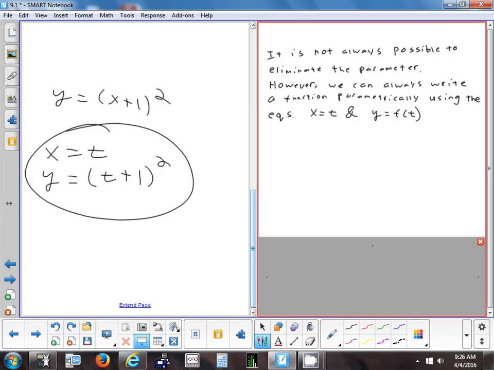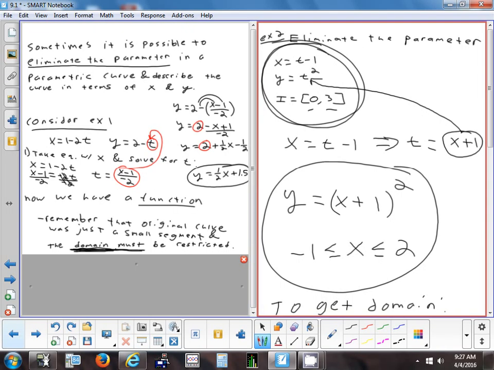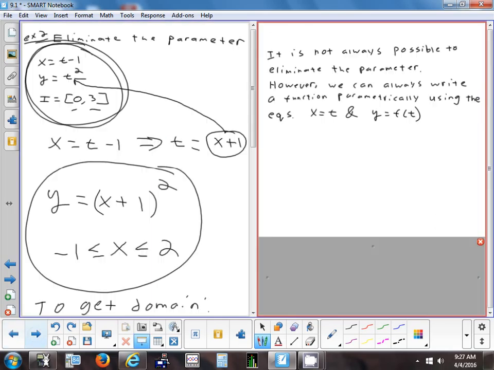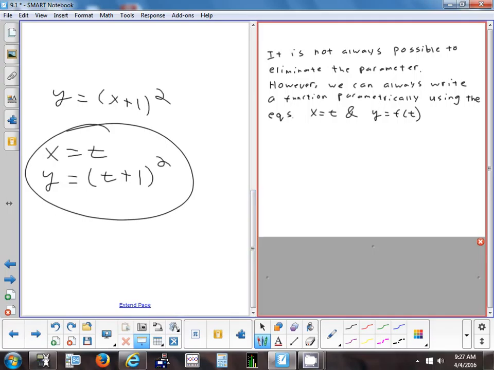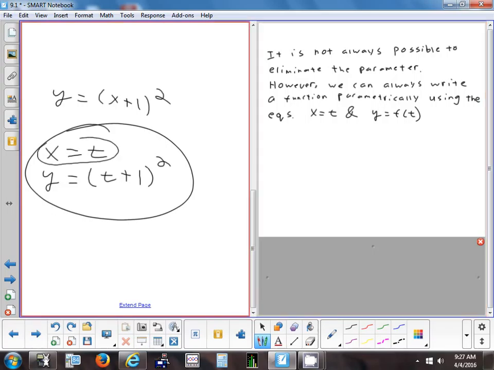If you have something in parametric and you want to change it back to a function, step 1 is take the equation with x and solve it for t. If I take the first equation and solve it for t, what does t equal? It already is solved for x. There's nothing here to rearrange.